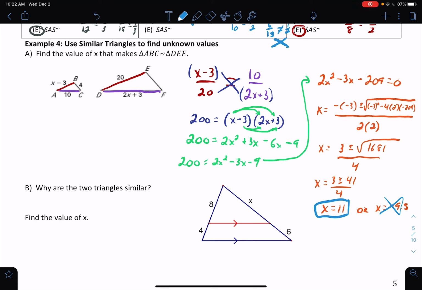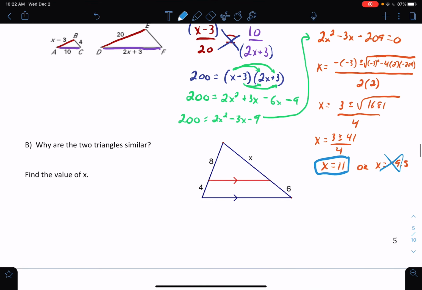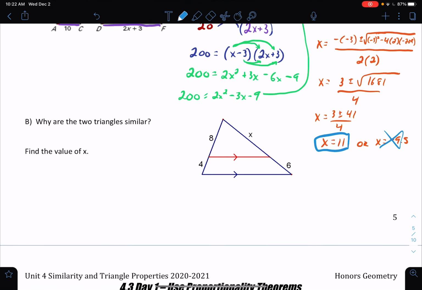So x is going to equal 11 there. All right, this right here is a big quiz or test question. Make sure you know how to double distribute correctly, multiply those two binomials together in order to get the correct quadratic.